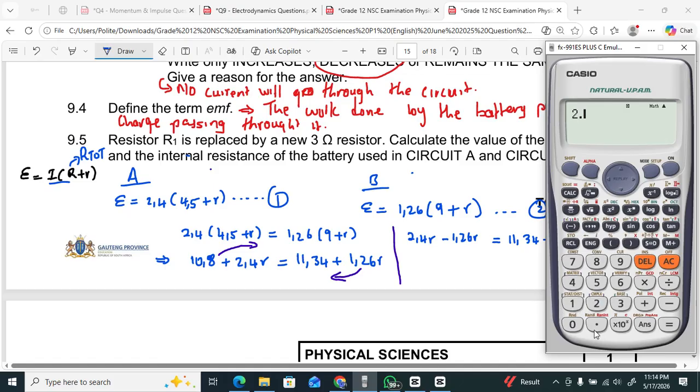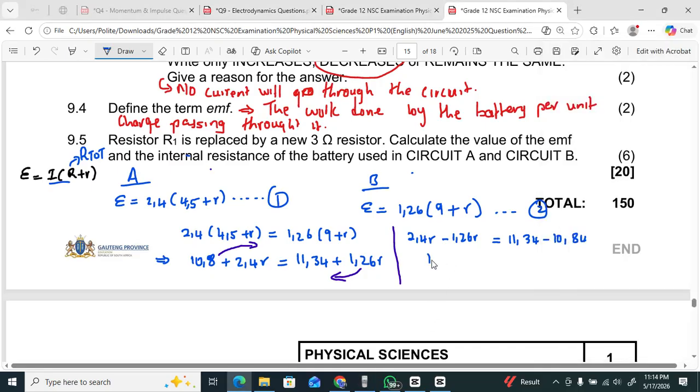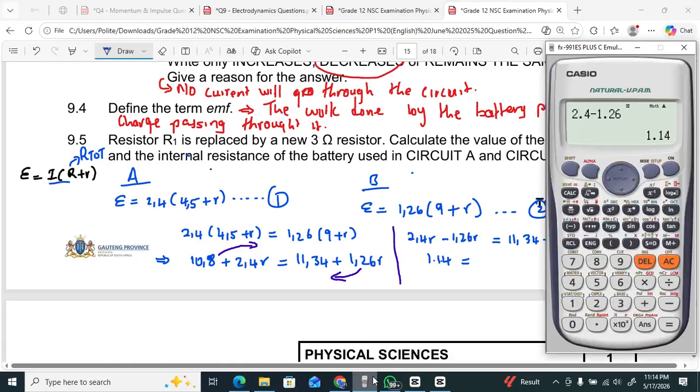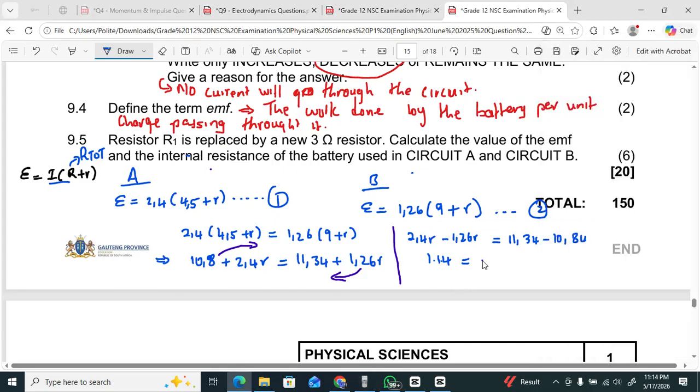Let's see, 2.4 minus 1.26 gives us 1.14. It's equal to 11.34 minus 10.8, which is equal to 0.54. So this is 1.14R equals 0.54.